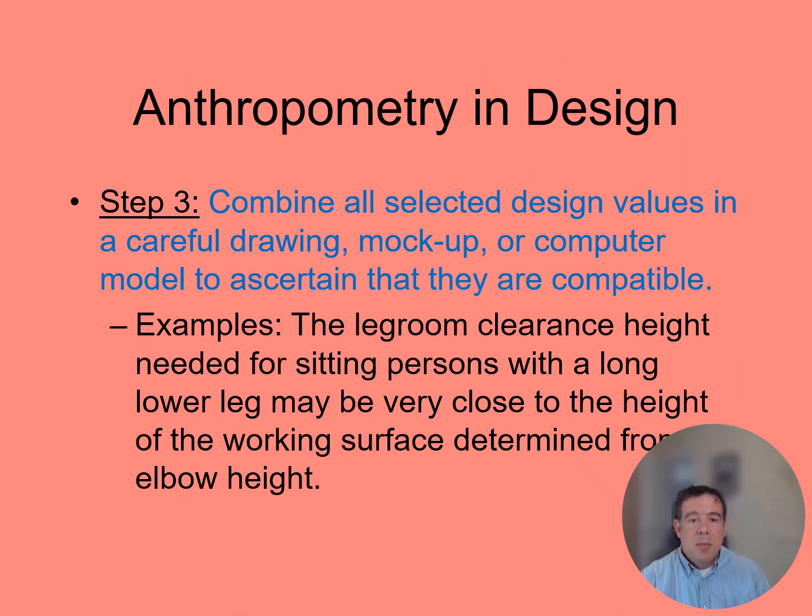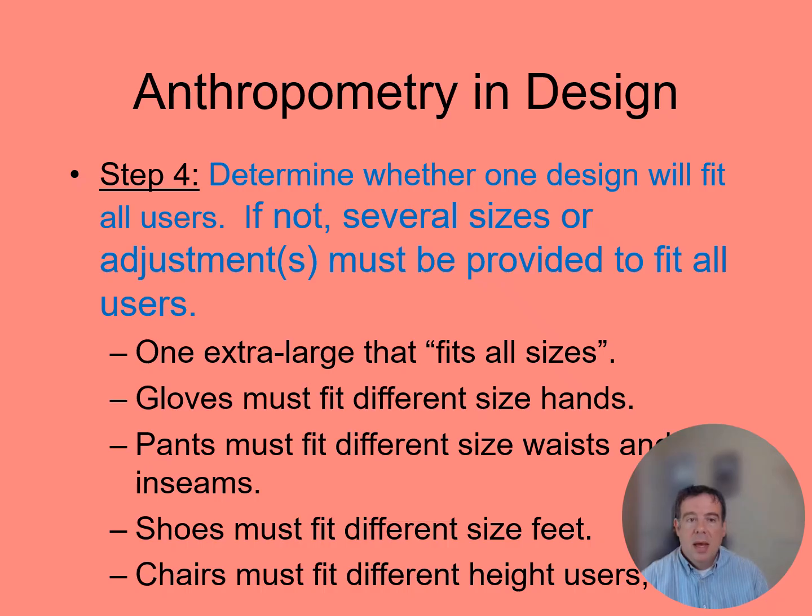And then the third step is combining all those design values to make a mock-up, put it in a model, whether we're using a computer program or actually hand drawing it. And then fourth, going back to that one size fits all: gloves, for example, we usually have a small, medium, and large.